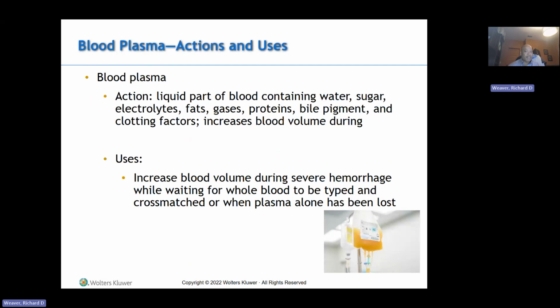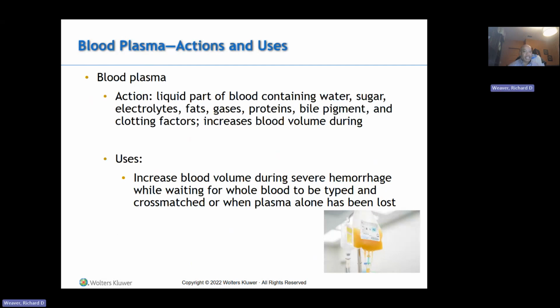So the plasma can be given in acute emergencies before typing and cross-matching happens. So you may need that volume while you're getting the typing and cross, because remember, we need to increase the volume. If someone has lost a lot of blood, we need to increase that volume within the vascular space. Otherwise, they're going into organ failure because they don't have enough volume to keep the blood pressure high enough to help with perfusion.